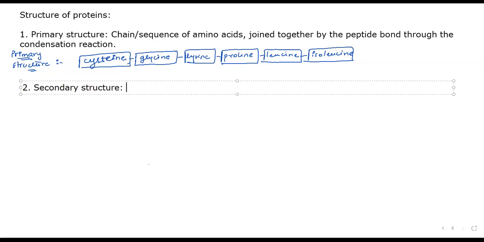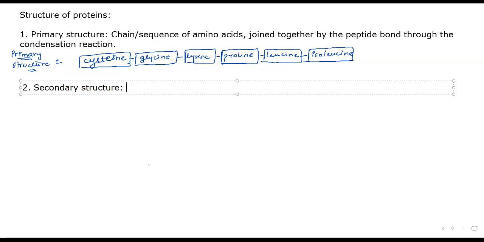In the secondary structure, I can further fold this chain into possible forms. One possible form that we have is known as alpha helix structure, and the second possible form is known as beta pleated sheets.